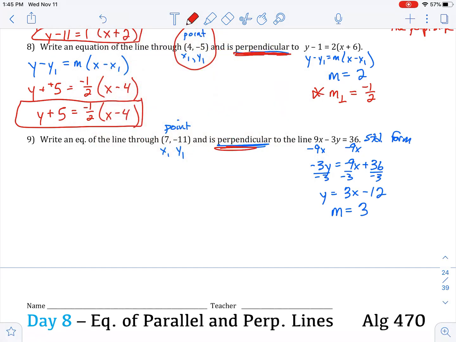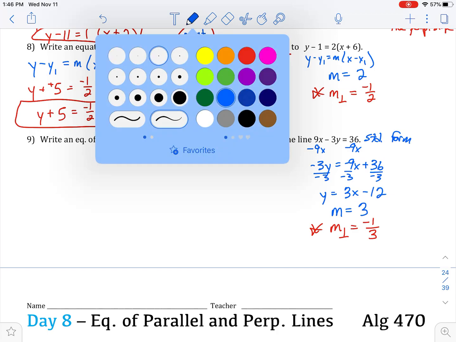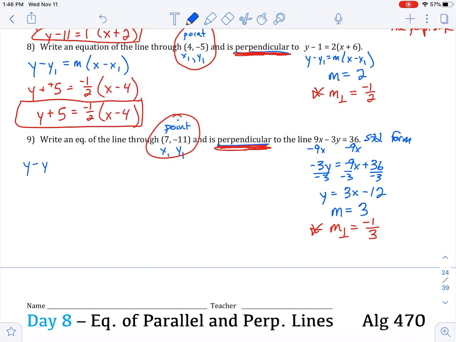Read carefully. It says we want the perpendicular line. So the perpendicular slope I'm going to use is the opposite reciprocal of 3, which is -1/3. Again, we have a point and we have a slope. When we have a point and a slope, we're going to start in point slope form.